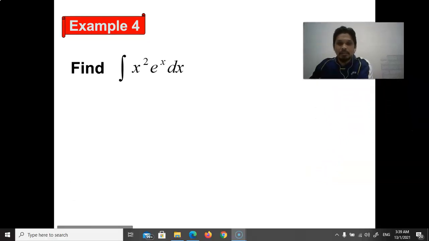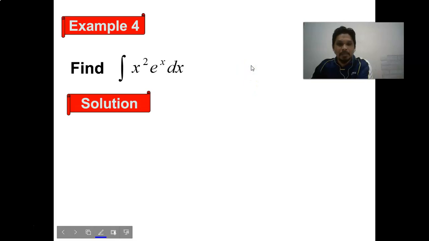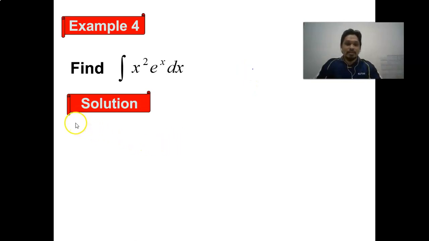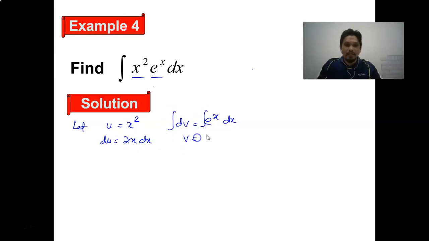Find the integral of x squared e to the power of x dx. Let u and dv. Now this one is between the polynomial and exponential function, LPET, so polynomial comes first, where u equal to x squared and dv equal to e^x dx, and du equal to 2x dx, integrating left and right, v equal to e^x.